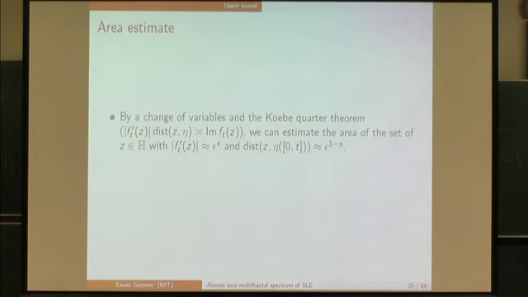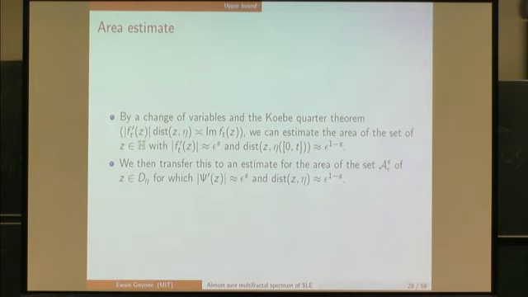And so I use the Koebe quarter theorem and a change of variables to get an estimate for the area of the set of points z in the upper half plane with the property that f_t prime of z is of order epsilon to the s, and the distance from z to the curve is of order epsilon to the 1 minus s. So I can say that the expected area of the set of points with this property is of order epsilon to a certain power, which depends on s and kappa.